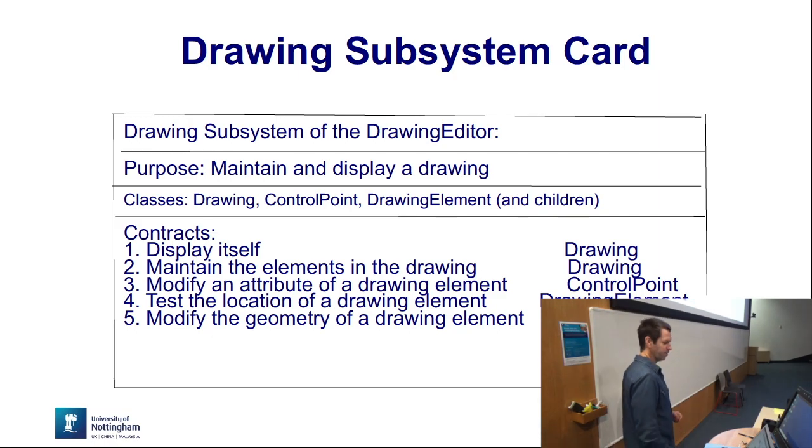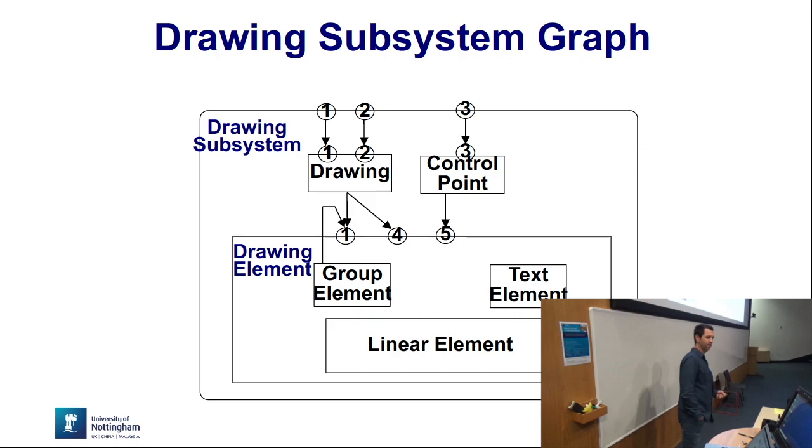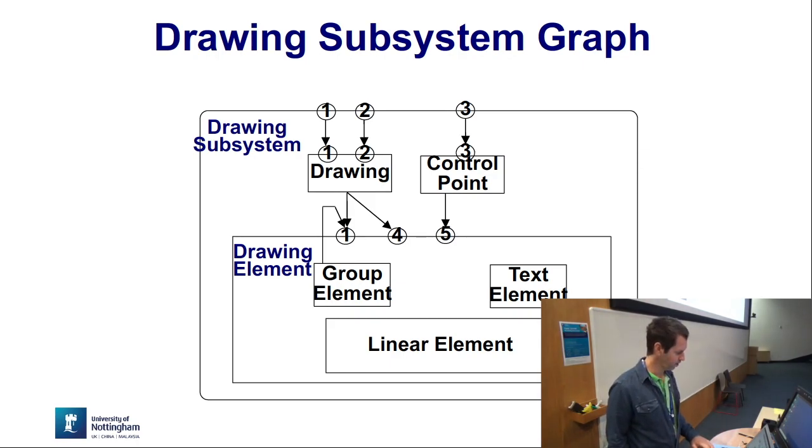Here's how we represent that graphically, the subsystem. It's the drawing subsystem right here. And these are the different contracts or methods that it supports, right? And they're then assigned to different classes inside the subsystem, right? There's a drawing element class hierarchy.